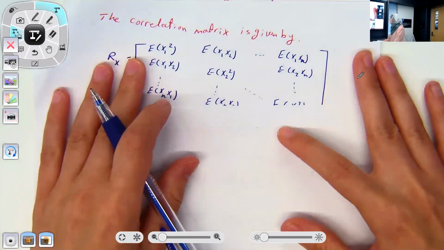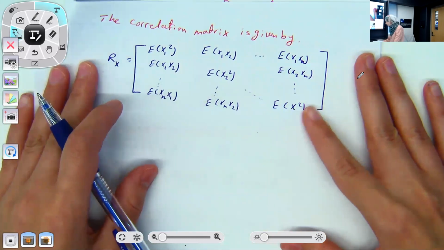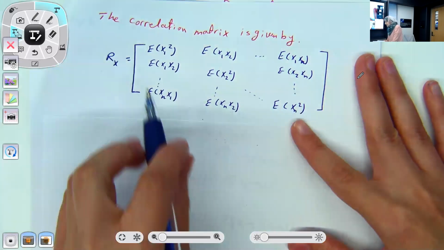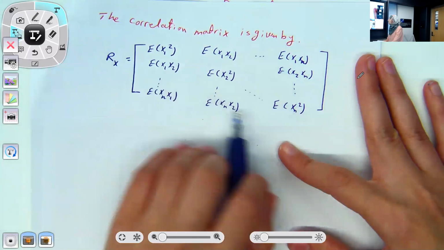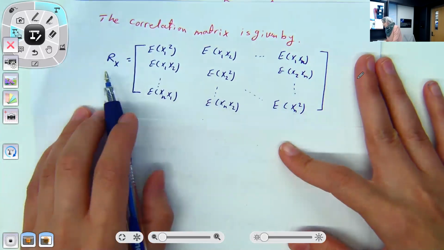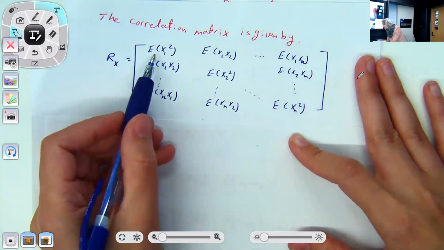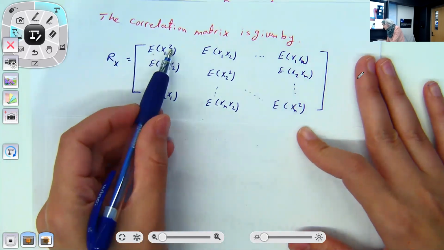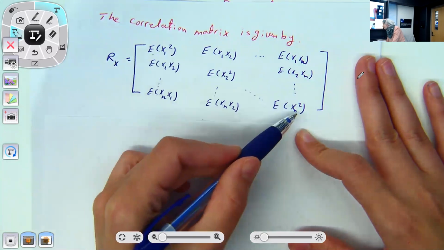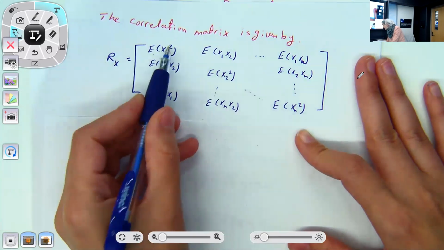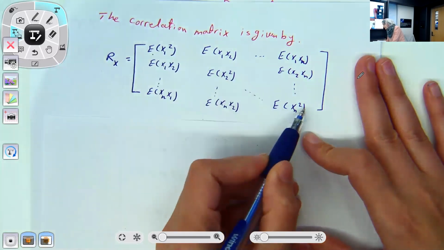If we define something called the correlation matrix, this is called a correlation matrix. We call it R. The entries of this matrix: in the diagonal, we have the expected value of x1 squared, x2 squared, up to xn squared.